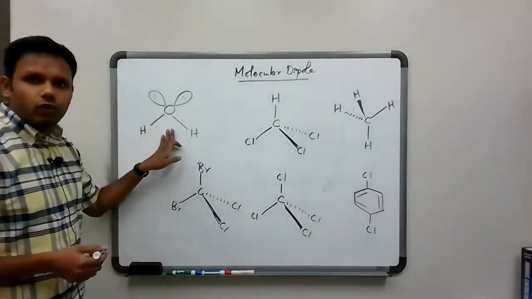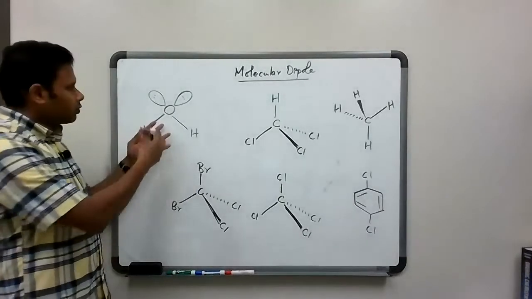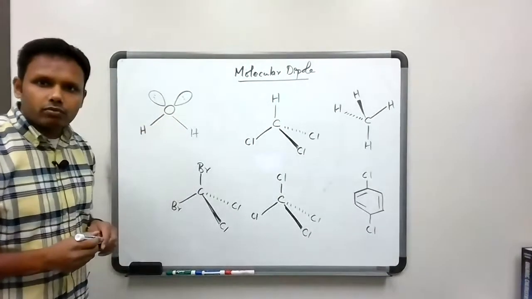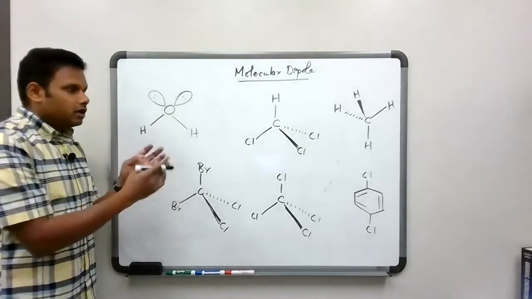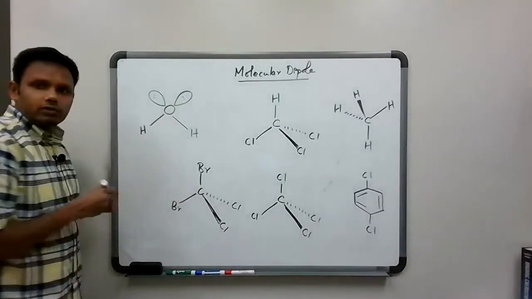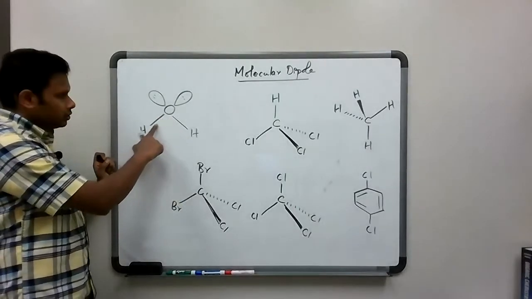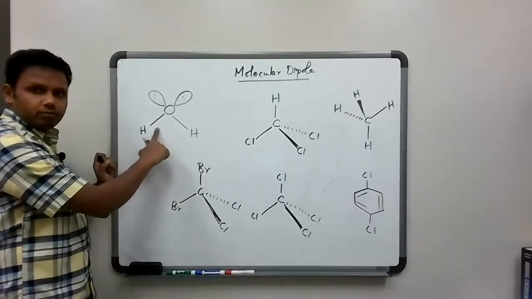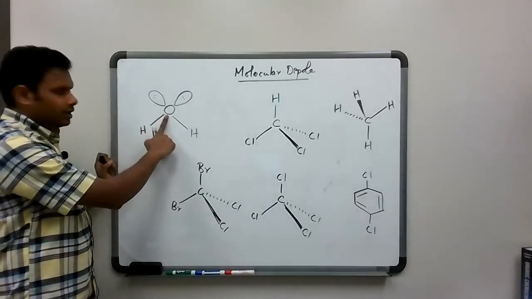So we'll start with the water molecule first. Let's see what the molecular dipole for a water molecule looks like. The bond dipole itself, remember, is based on electronegativity. For the water molecule, we have hydrogen connected to oxygen. For this OH bond, the hydrogen-oxygen bond, oxygen is more electronegative.